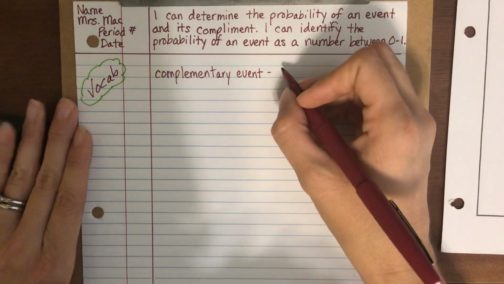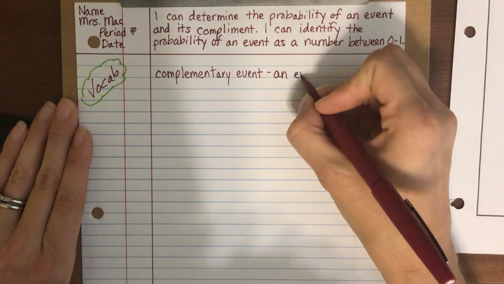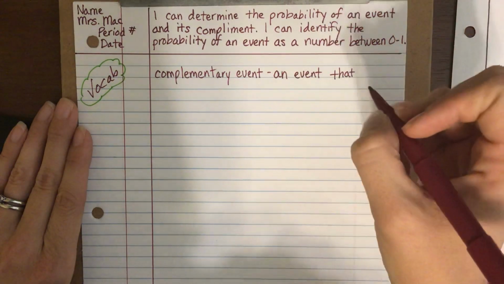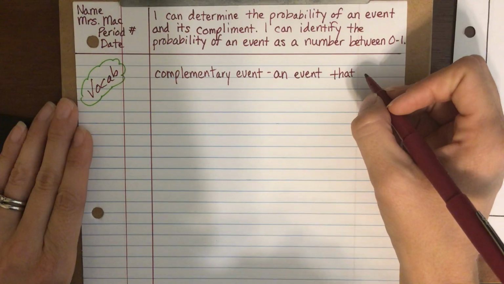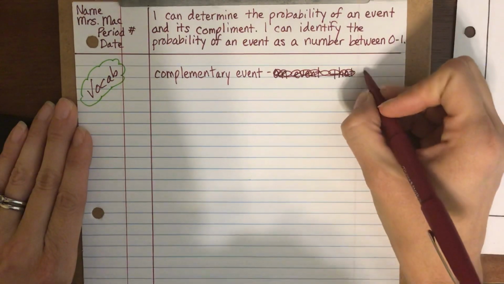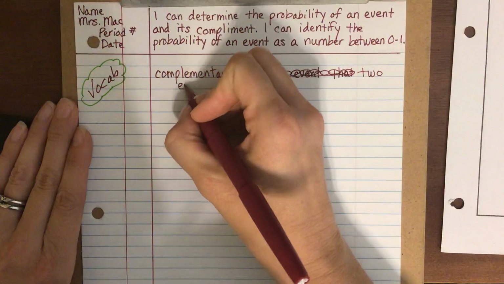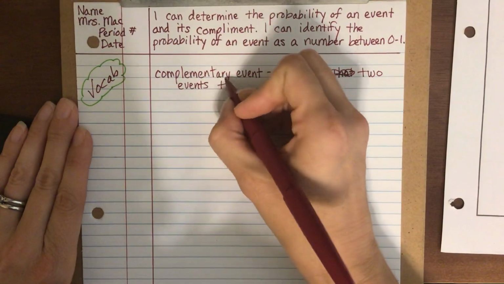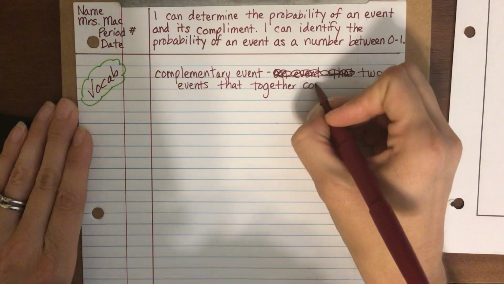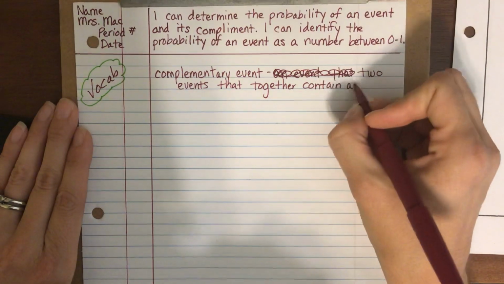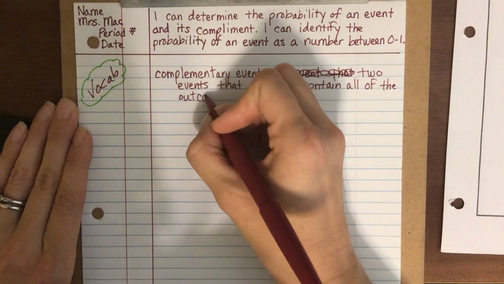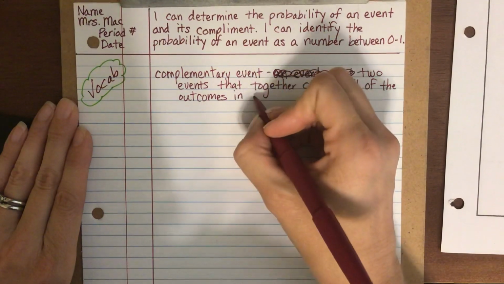So a complementary event is, let's do two events that together contain all of the outcomes in the sample space.